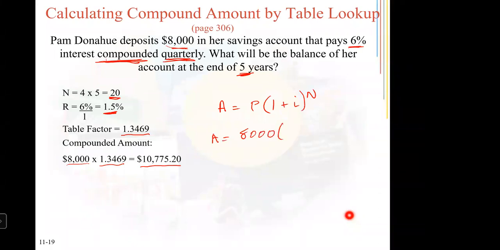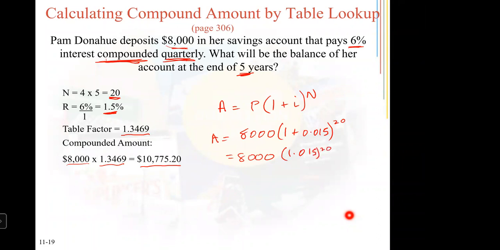Open bracket, 1 plus i would be what? 0.015, sorry, yeah. And then n would be 20. So that would be 8,000 times 1.015 to the 20th power.